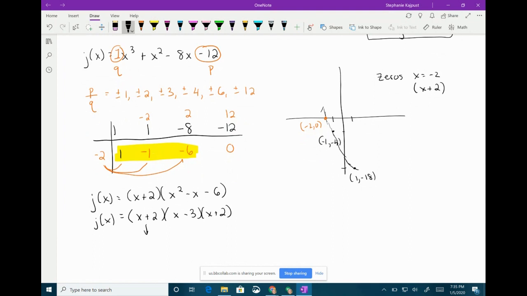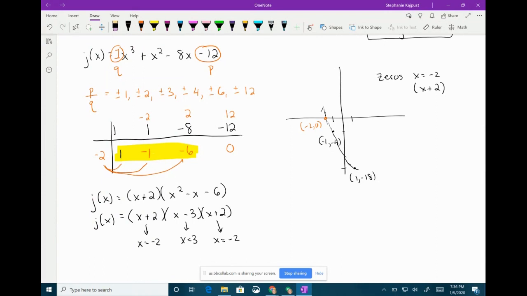So now I factored this polynomial, and then I can get my zeros. I already know one 0 is x equals negative 2. My 0 comes from x minus 3. It's generally the opposite of the sign, so that gives me x equals 3 is a 0. And then I have, again, x equals negative 2. So that is a repeated 0. A repeated 0 means that it's going to bounce at negative 2.